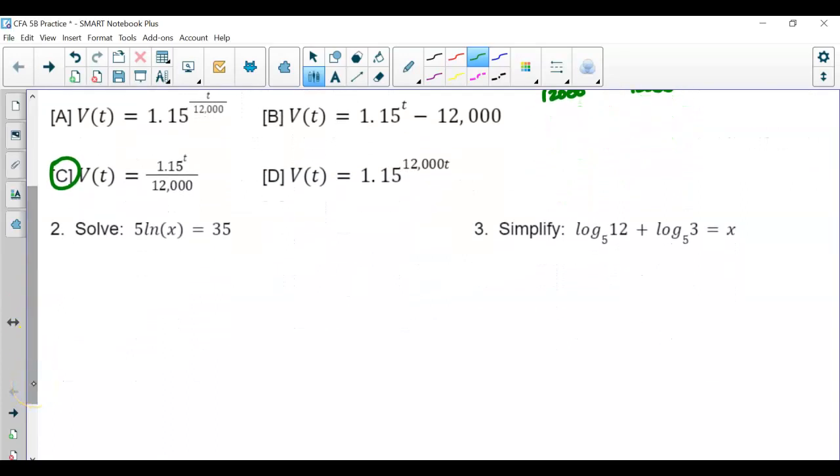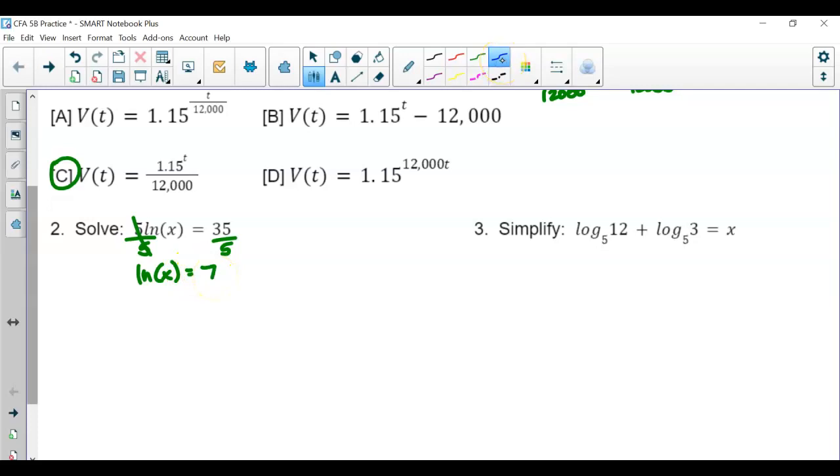Now here in question number 2, we're solving for X and we have a natural log function. And so here that means we need to get our natural log by itself. Well, if it's being multiplied by 5, then we need to divide both sides by 5. Now I've got the natural log of X is equal to 7.